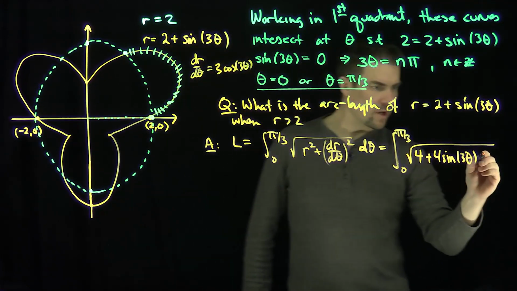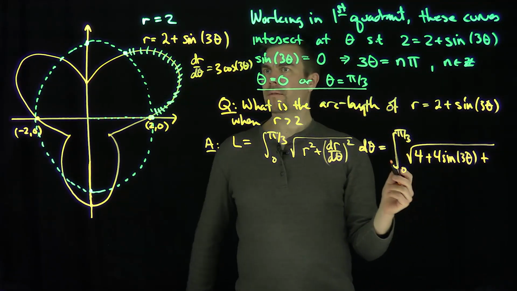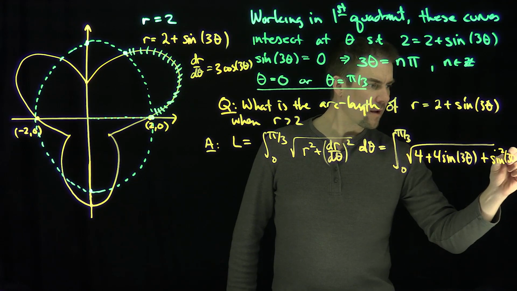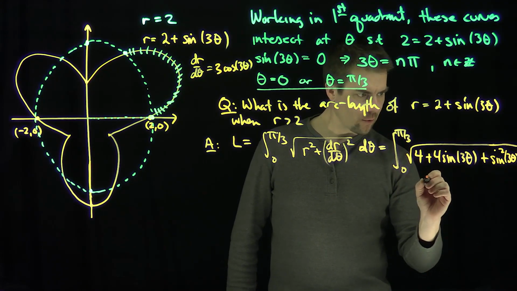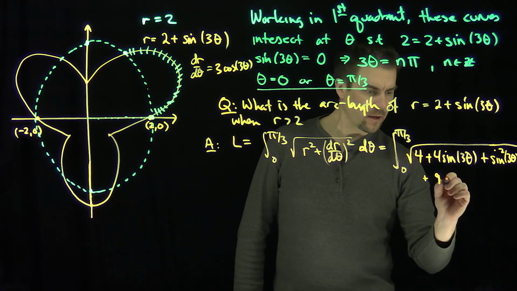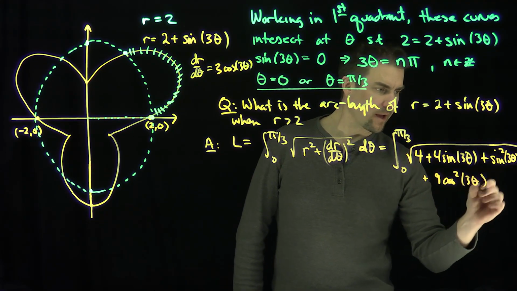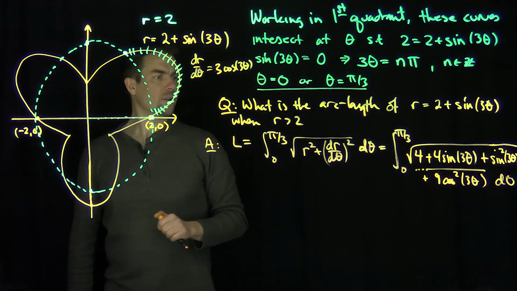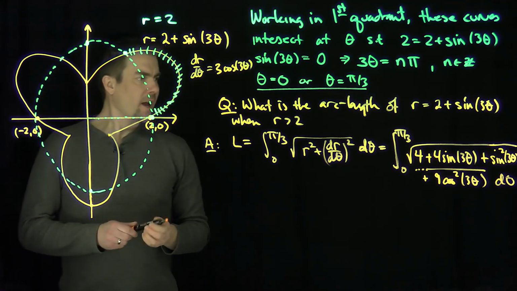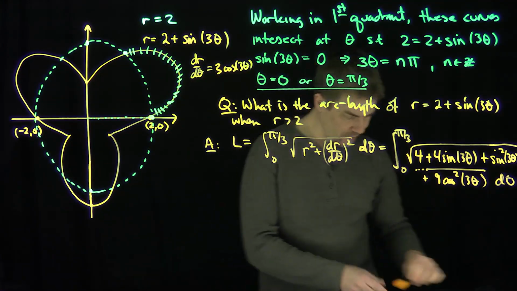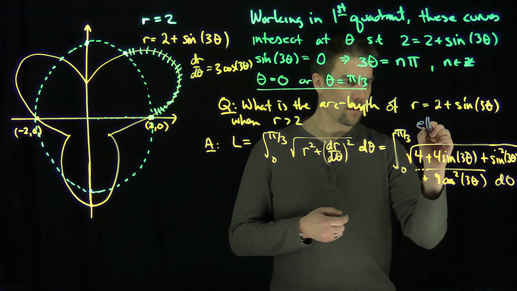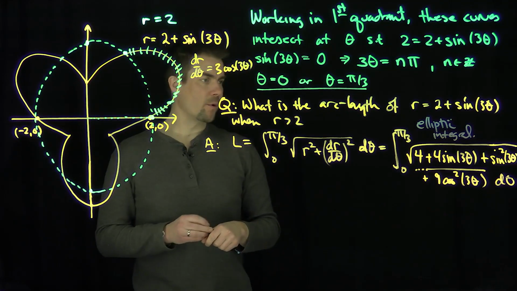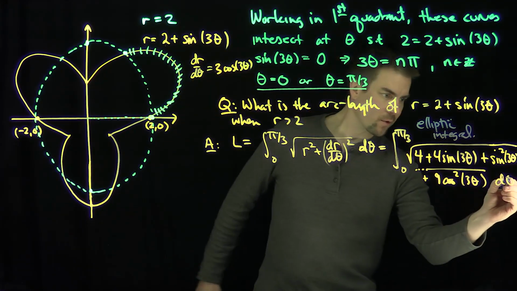Okay, so the other term we'll have over here is 9 cosine squared of 3 theta, all under the square root, d theta. Okay, so that is my arc length formula. And of course this integral cannot be evaluated. This is what's known as an elliptic integral, which cannot be evaluated in terms of elementary functions, so we just have to leave it in this form over here. Great.